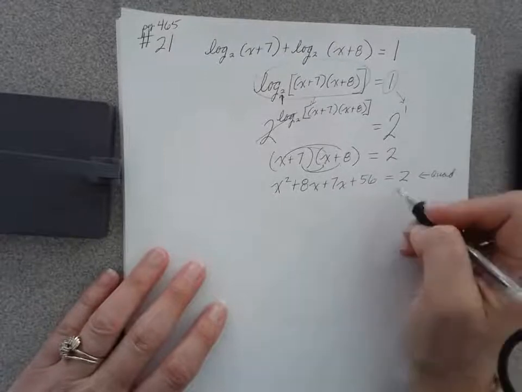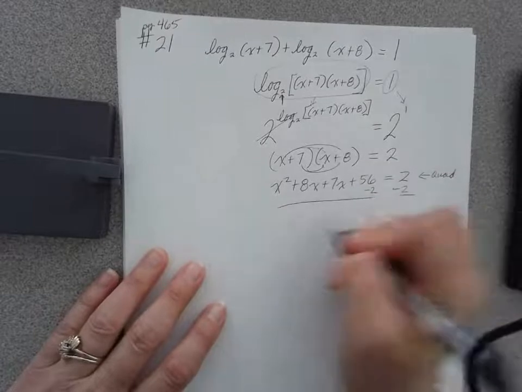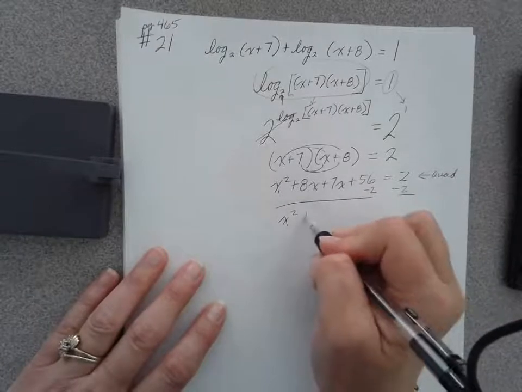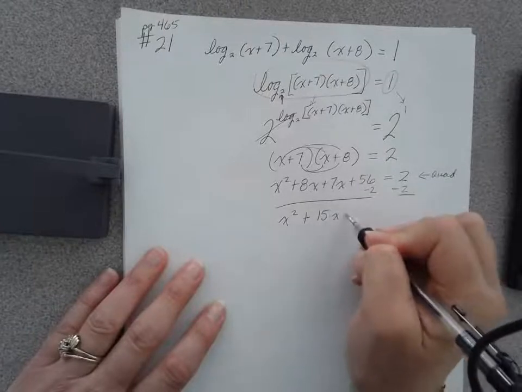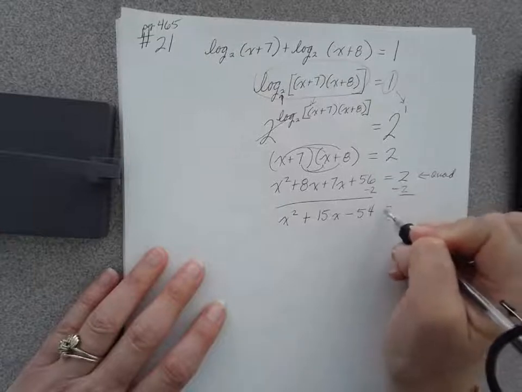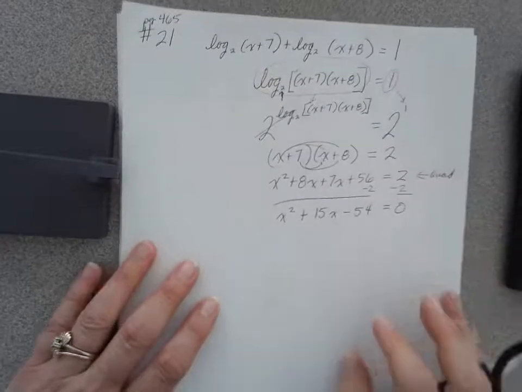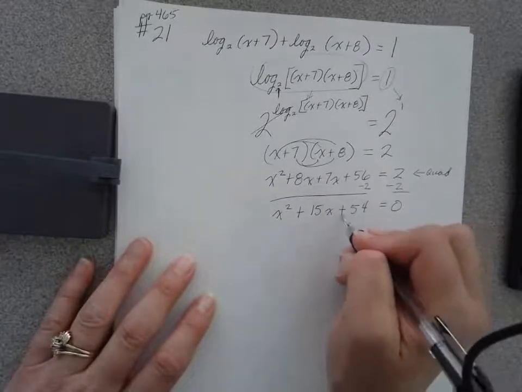So once you know it's quadratic, you want to get one side equal to 0. So x squared, 8x plus 7x is 15x, minus 54 equals 0. Oh, thank you, plus 54.